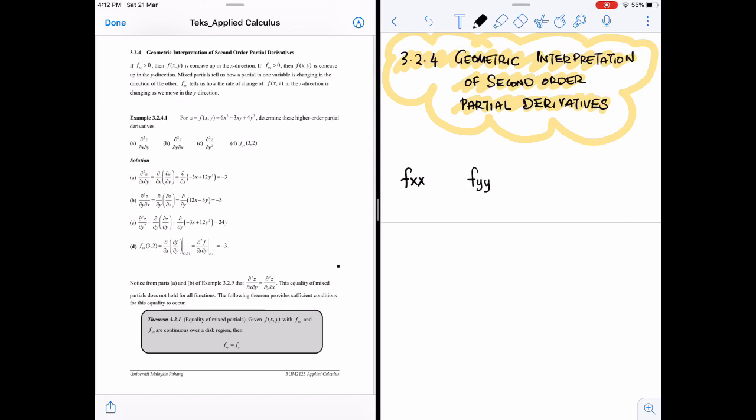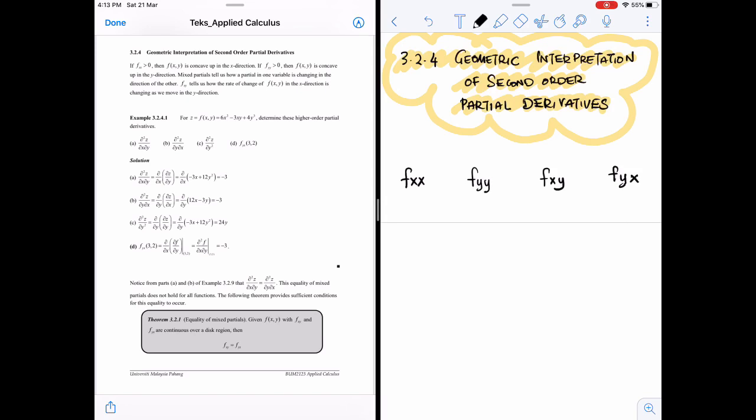We also will have fxy, where we differentiate f with respect to x, then we differentiate it again with respect to y. And we also have fyx, which is the differentiation of f with respect to y, then we differentiate it again with respect to x.